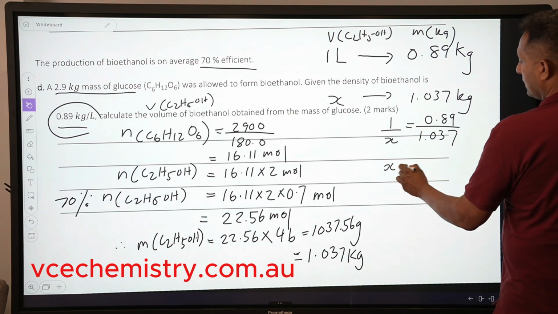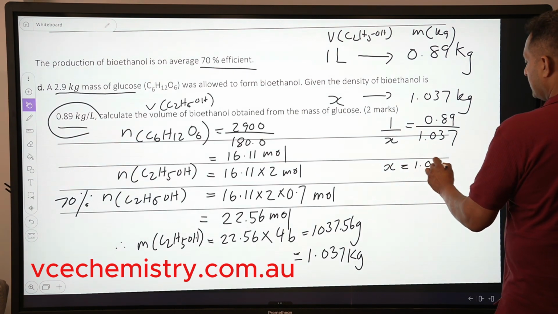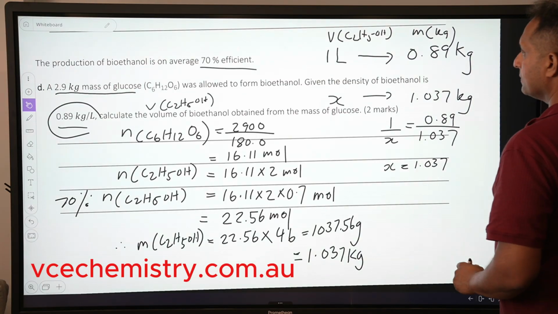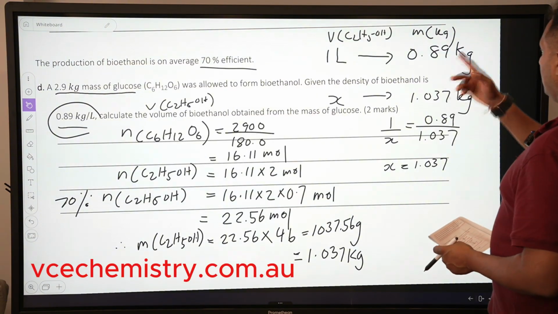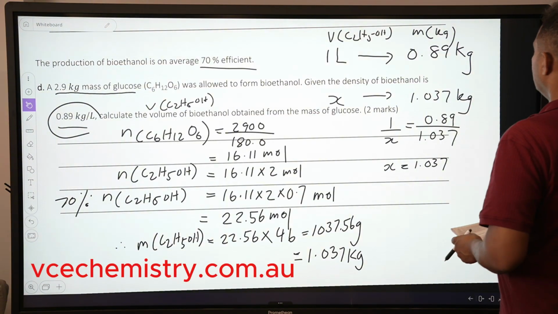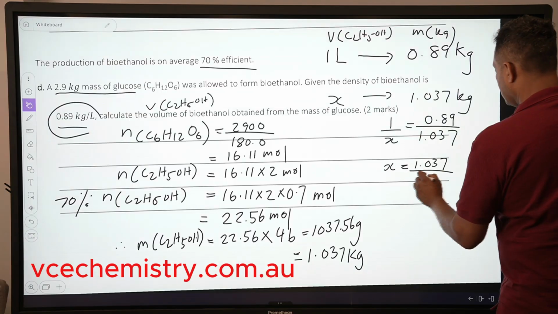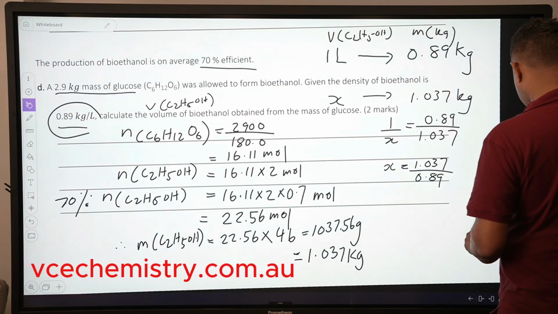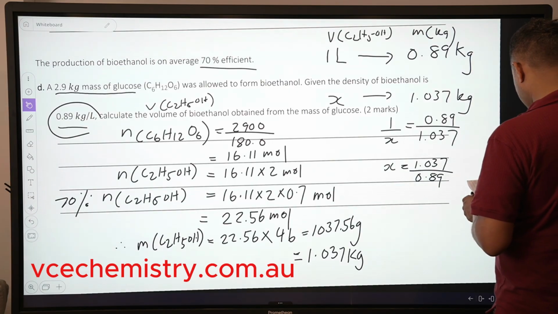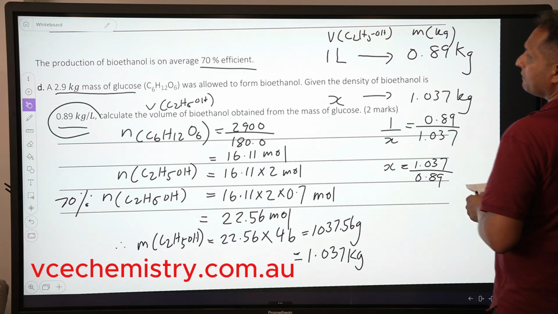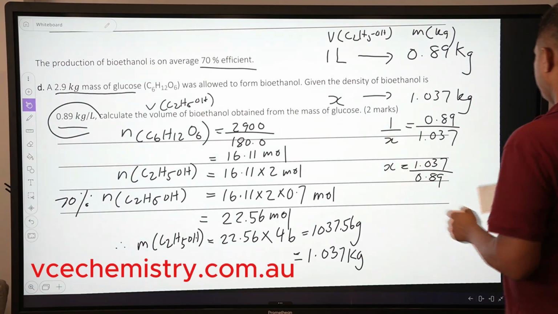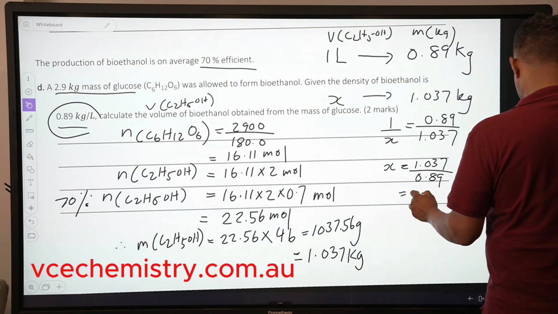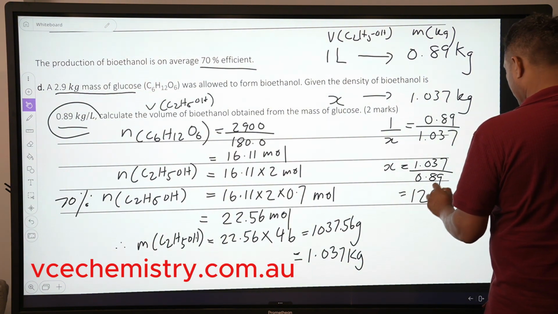Then x is going to be 1.037 divided by 0.89, which, to 2 significant figures, is somewhere around 20 liters.